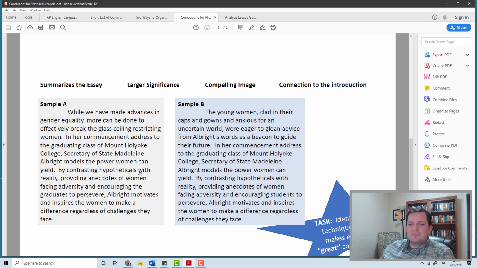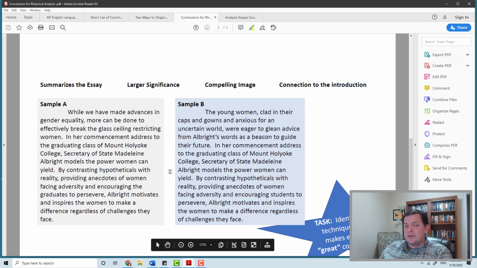And then by contrasting hypotheticals with reality, providing anecdotes of women facing adversity and encouraging the graduates to persevere, Albright motivates and inspires the women to make a difference regardless of the challenges they face. So what you have here is the summary, continuing the summary of what's been said in the essay.